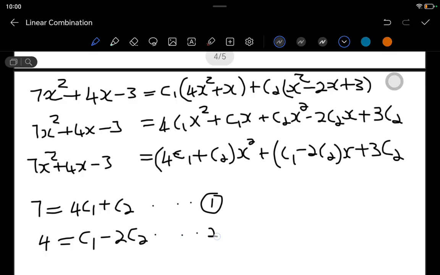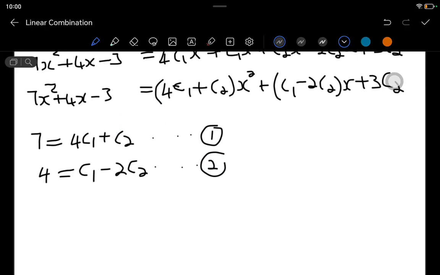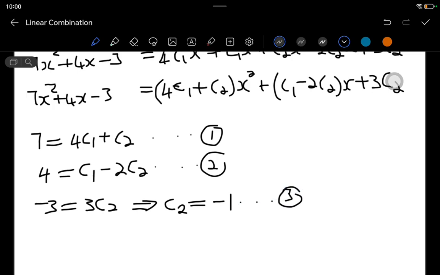That will be the second equation. And minus 3 will be equal to 3C2, which implies that C2 will be equal to minus 1. This is equation 3.